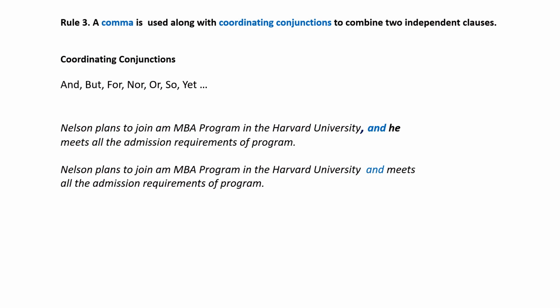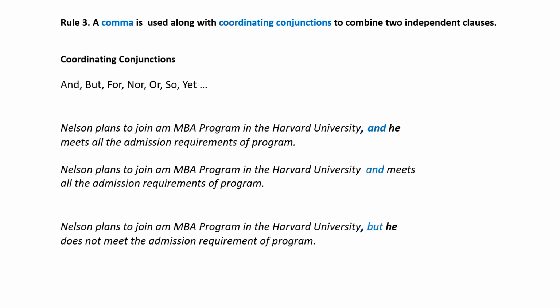The first sentence has a comma before the coordinating conjunctions. However, there is no comma before the coordinating conjunction and in the second sentence. Why? Because the second sentence doesn't have a subject after the coordinating conjunction and.